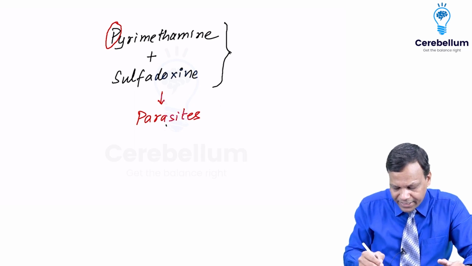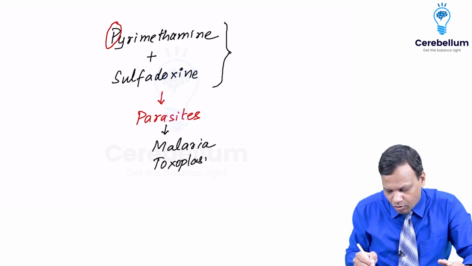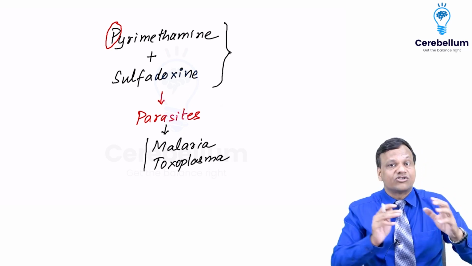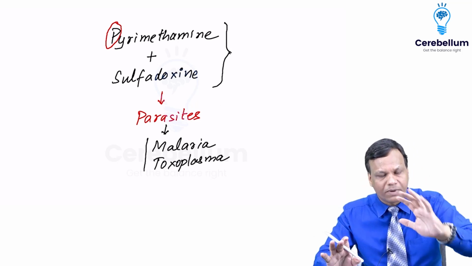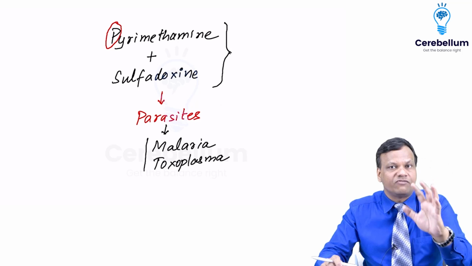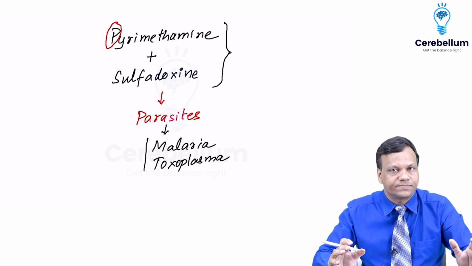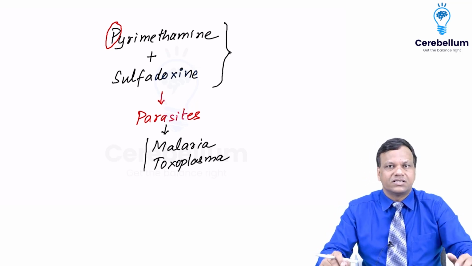Mainly for malaria and for toxoplasma. But unlike cotrimoxazole, it has not been given any specific name. So it is simply called the combination of pyrimethamine with sulfadoxine. You can remember P for pyrimethamine, P for parasites. So it is used for malaria and toxoplasmosis. Okay. So that completes our second mechanism in this video.